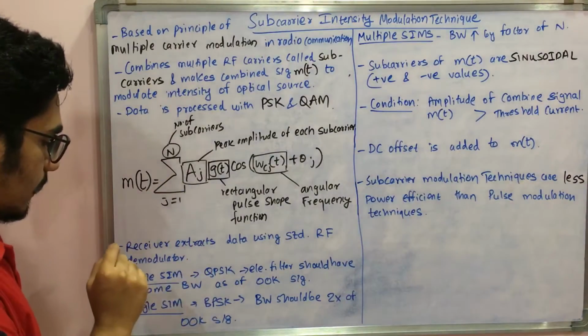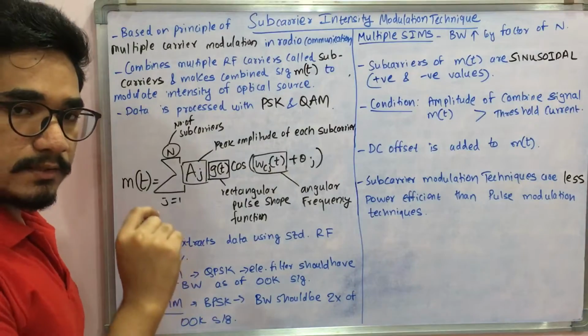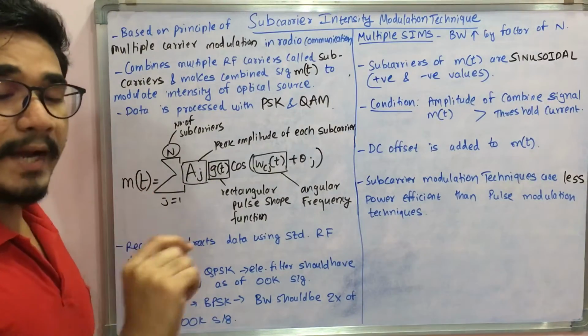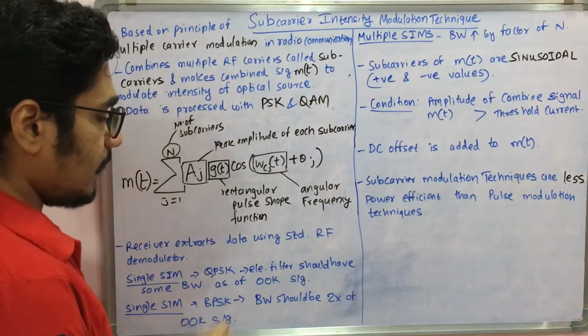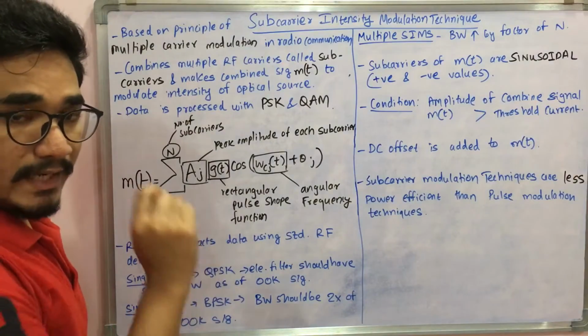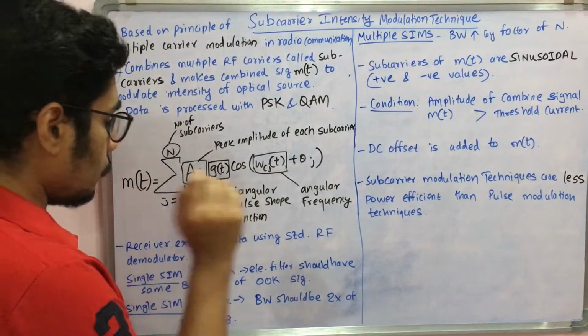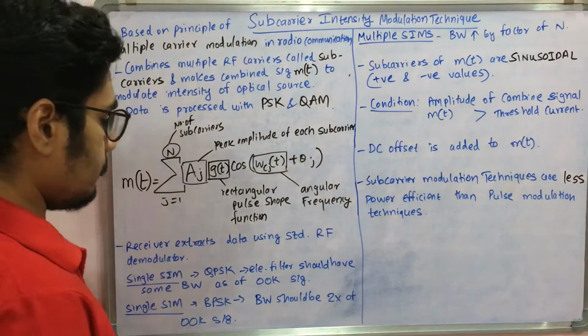If it's a single subcarrier intensity modulation applied with binary phase shift keying (BPSK), then the bandwidth of the electrical filter should be 2 times that of the OOK signal.